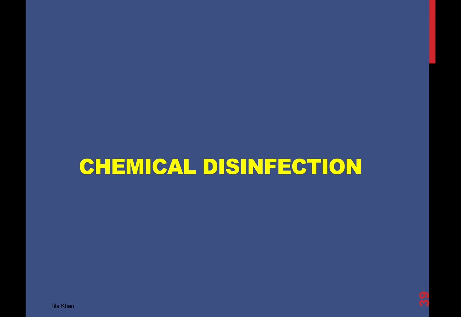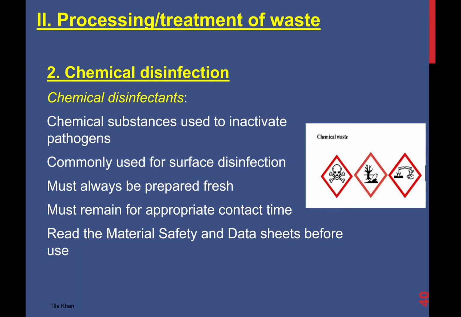Now coming to the second type of waste processing, that is chemical disinfection. As I said earlier, chemical disinfection involves the use of chemical substances to inactivate pathogens. This is a very common method that is practiced daily in our labs for surface disinfection.